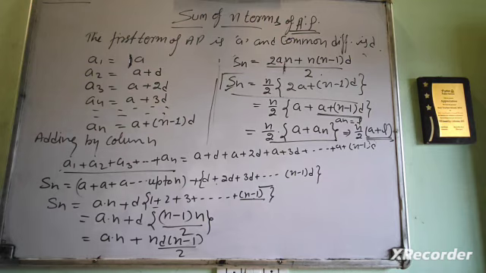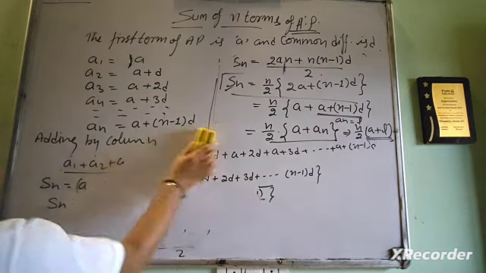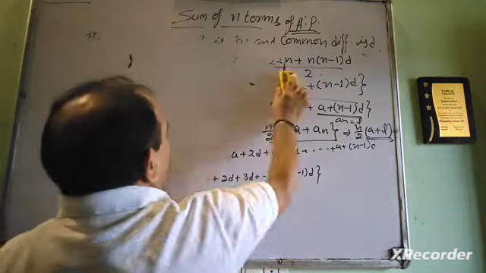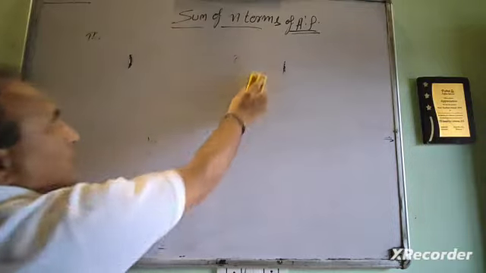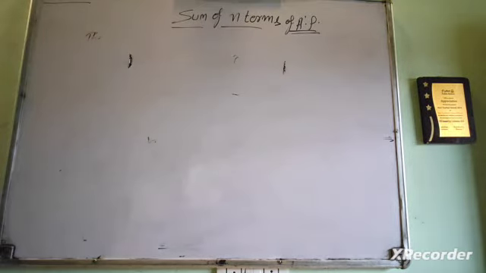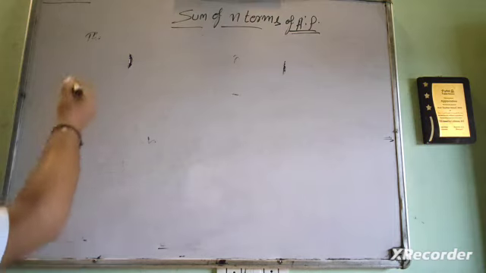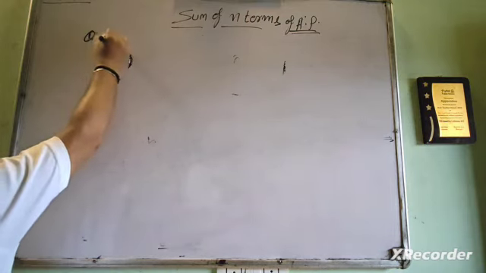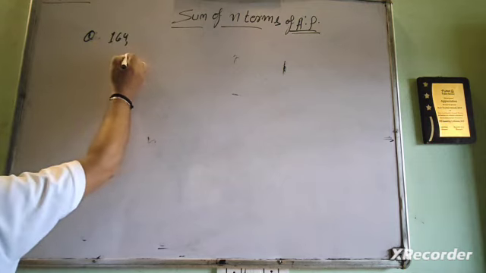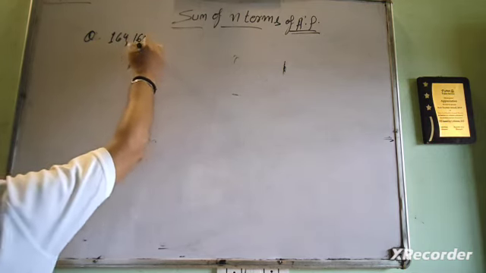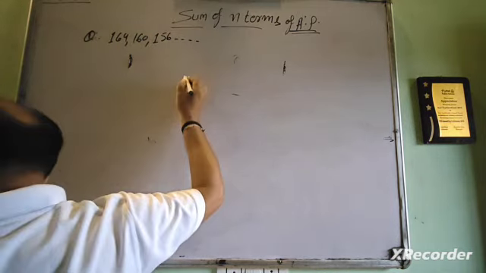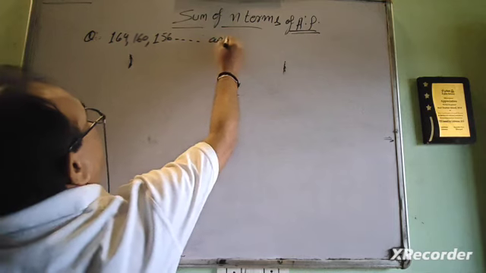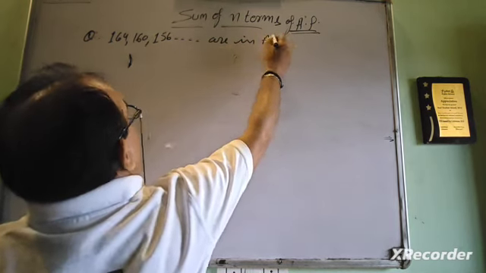Let me take an example where we use this formula. Suppose the question is, we have a series 164, 160, 156, and so on, which are in AP.